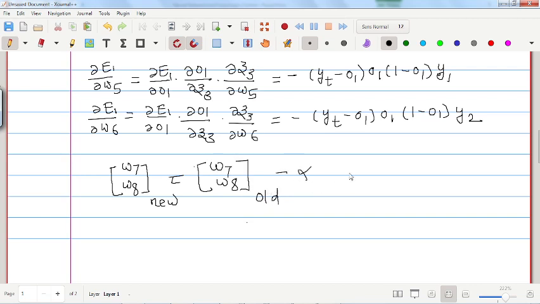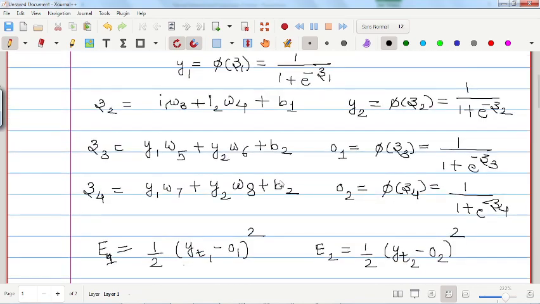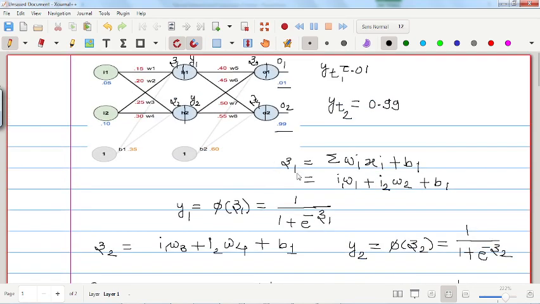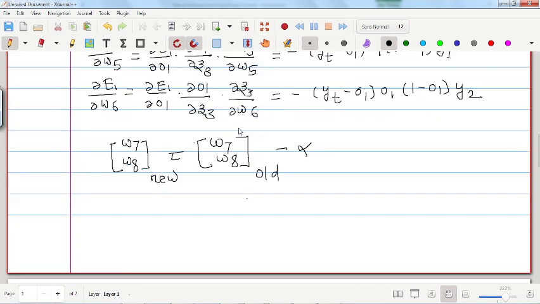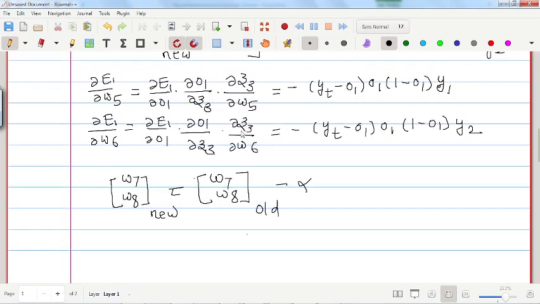Again we are writing the same thing. Now for W7 and W8, let me show you the chain again. The error we are considering is the difference between O2 and YT2. Now O2 is calculated from Z4, and Z4 is calculated from W7 and W8.